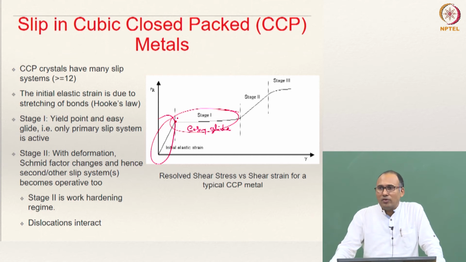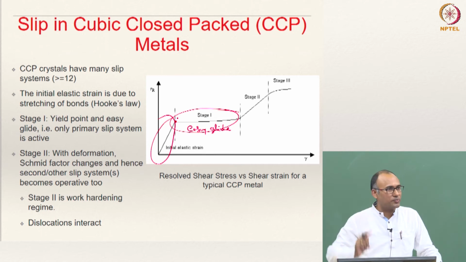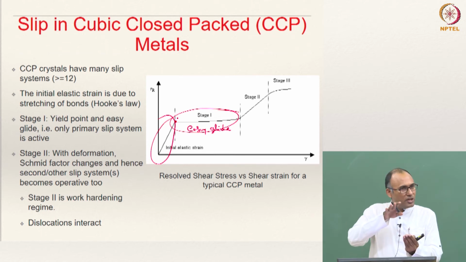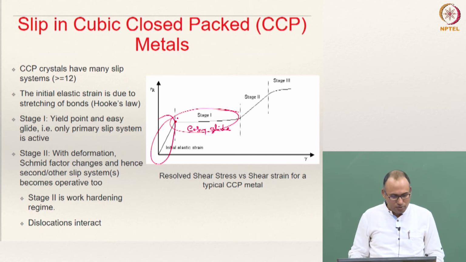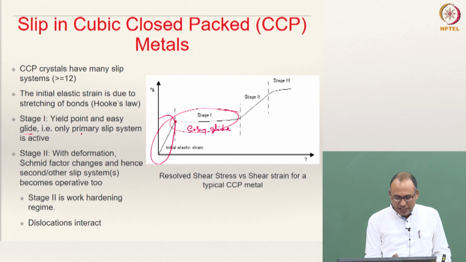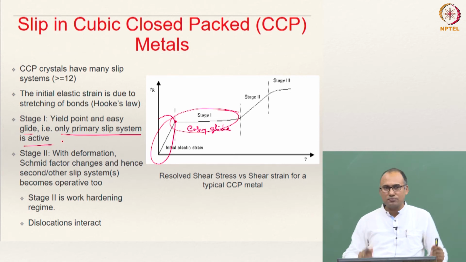By now your resolved shear stress has reached the critical resolved shear stress on one of the slip systems. And there is only one active slip system. When we say active, that means plastic deformation is taking place on that slip system, right? So at the yield point and easy glide, only the primary slip system is active.